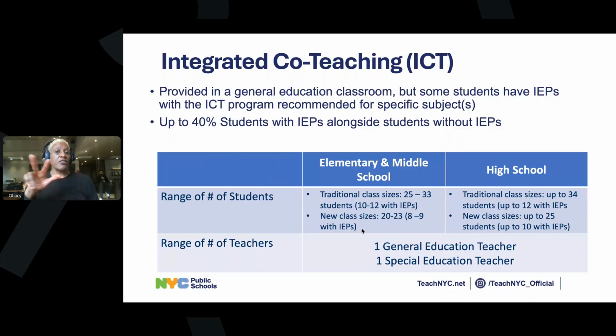In middle school, and then in high school, that's a little bit bigger, up to 25 students, and 10 of those would have IEPs. And again, the big thing to drive home here is that this is a collaborative teaching environment where two teachers hold instruction of the class, a general education teacher and a special education teacher. And we can go to the next slide.